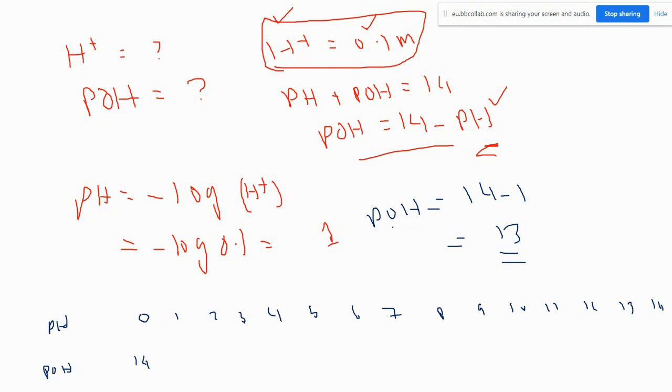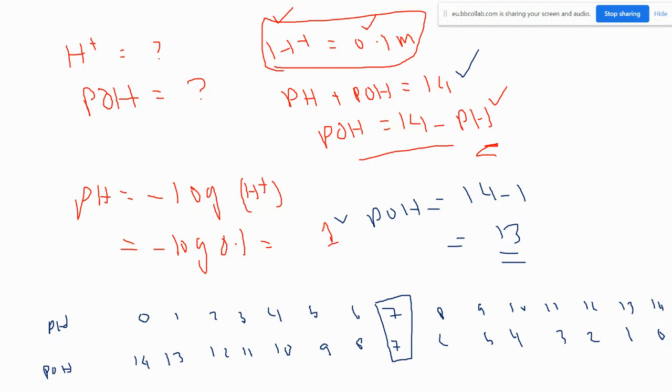If pH is 1, pOH will be 13, then 12, 11, 10, 9, 8, 7. Look at this, it will match. Then 6, 5, 4, 3, 2, 1, 0. So this all comes from this formula.